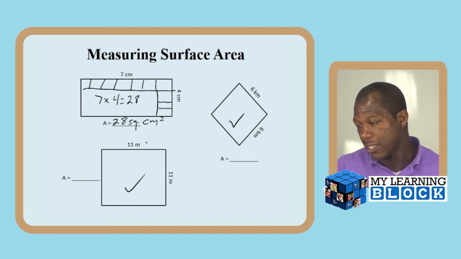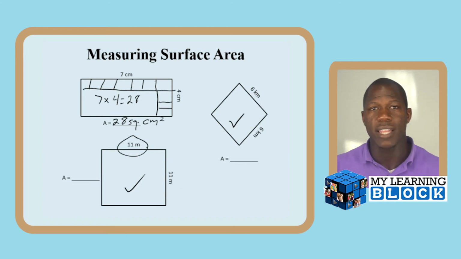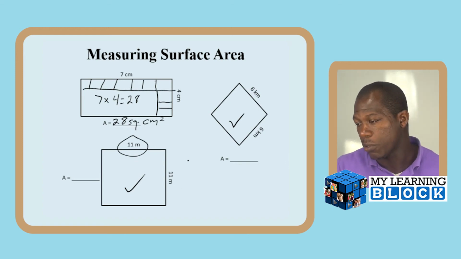So in this case, to find the area, if I only had one side on a square, I'd understand that all sides are the same. So I just multiply it by another side that was the same, which is 11 times 11, don't get me wrong, 121 square.